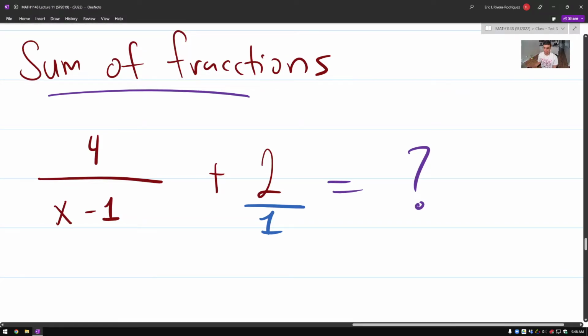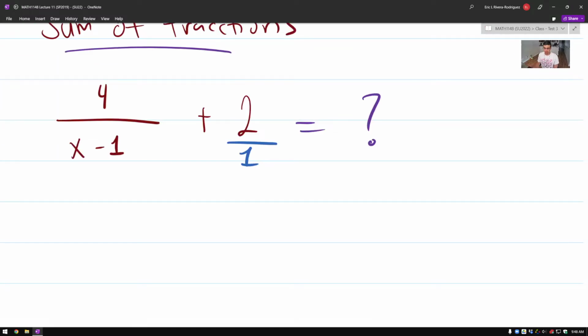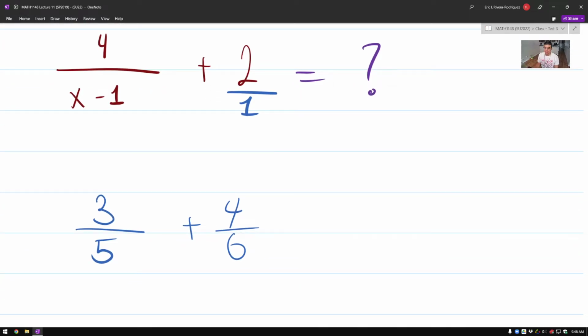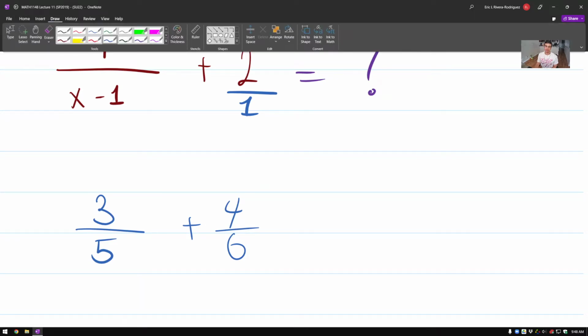Let me give you an example. When we have 3 over 5 plus, let's say, 4 divided by 6, we need to find a common denominator before adding these two fractions.